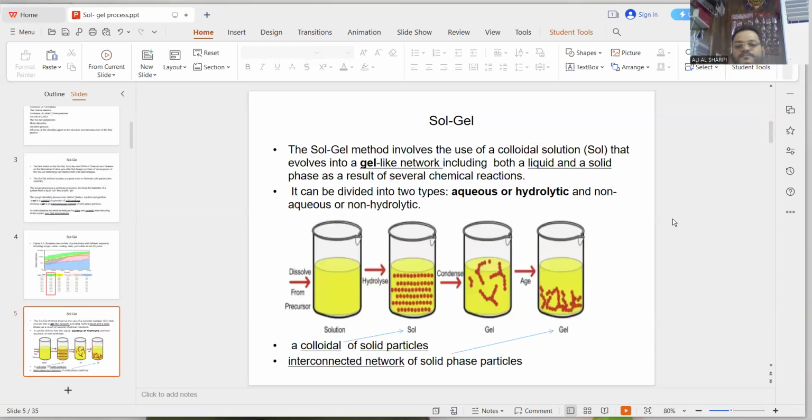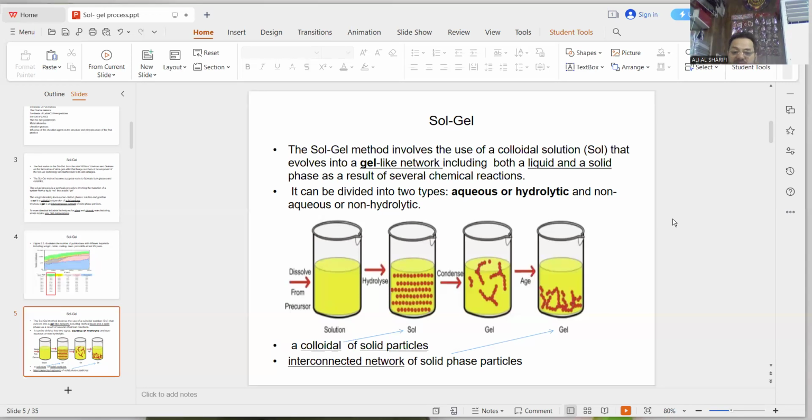After that, the sol gel method involves the use of a colloidal solution, like I said before, a sol that evolves into a gel-like network, including both liquid and solid phase, as a result of several chemical reactions. We will take a look at the several chemical reactions.